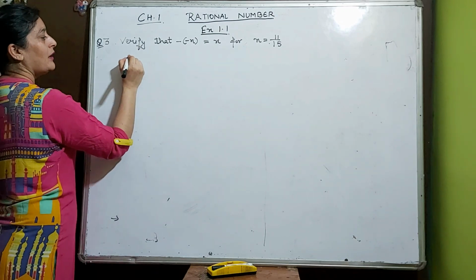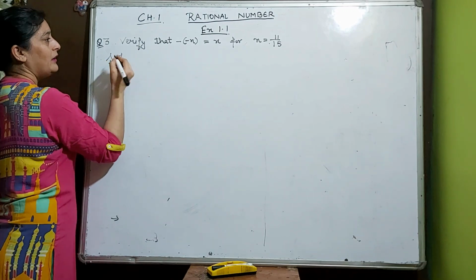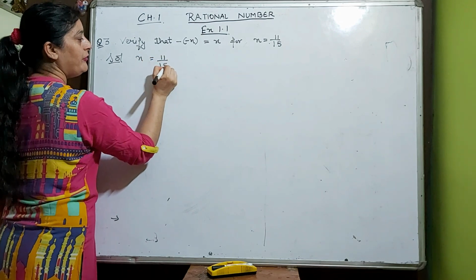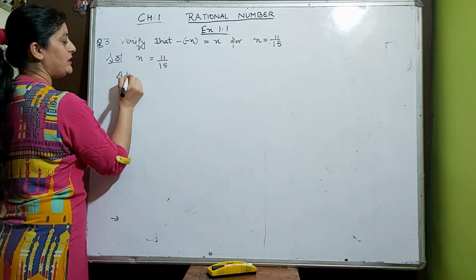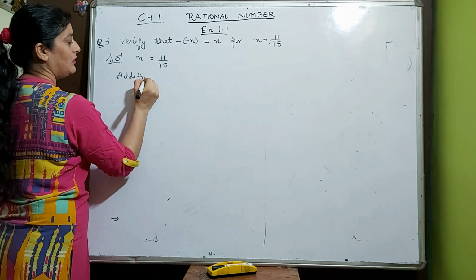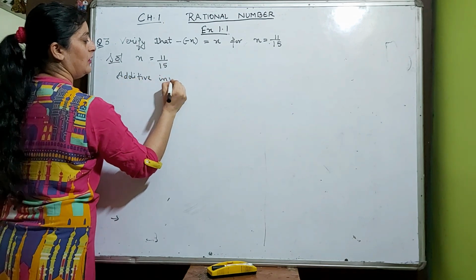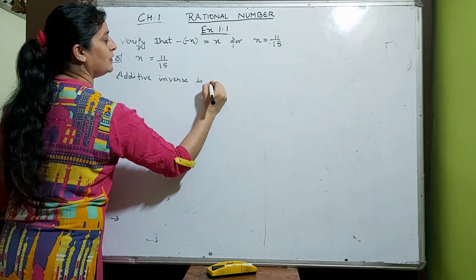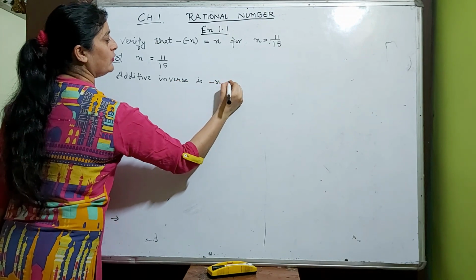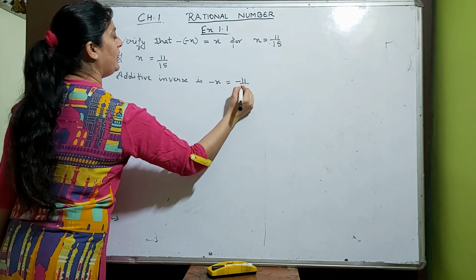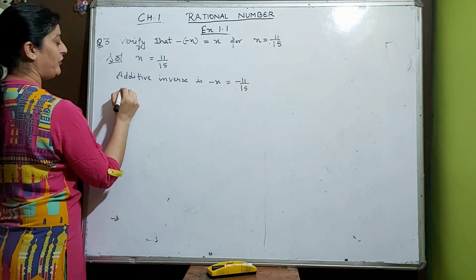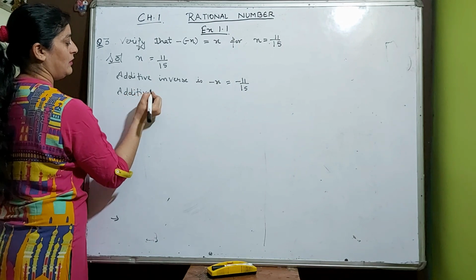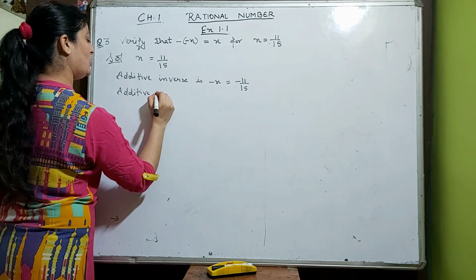So here x is given 11 by 15 and the additive inverse, minus x, will be minus 11 by 15. तो एडिटिव इनवर्स क्या कहता है कि उनका रिजल्ट क्या होना चाहिए, 0 होना चाहिए.